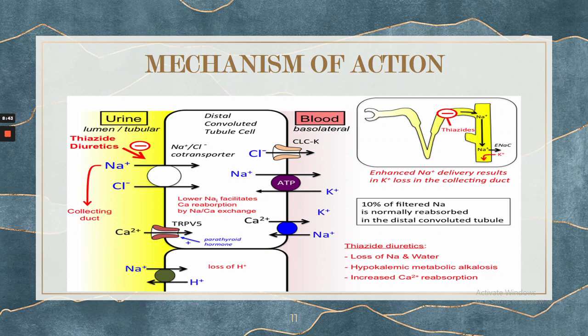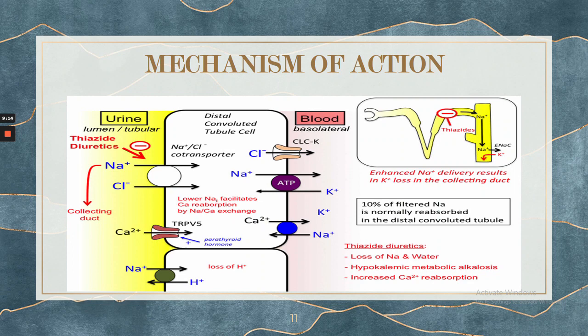So this thiazide diuretic increases the excretion of solutes, as a result of which the urine becomes very concentrated, and hence decreases the positive free water clearance. So the net result of giving thiazide diuretics is more loss of sodium and water, and hence diuresis occurs, then hypokalemic metabolic alkalosis, and increased calcium reabsorption.